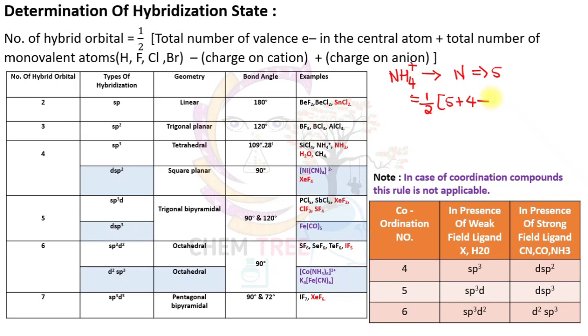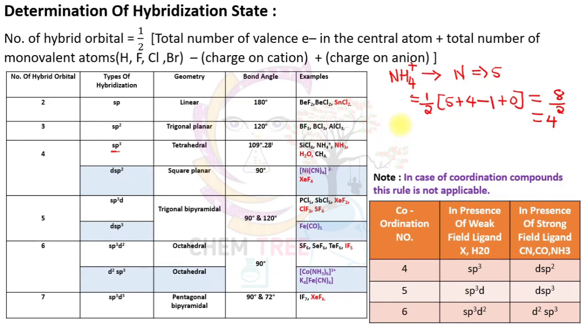One positive charge is present, that is 1, and the charge on anion is 0. We get 8 by 2, that is 4. The number of hybrid orbitals is 4, which means it is sp3 hybridized.